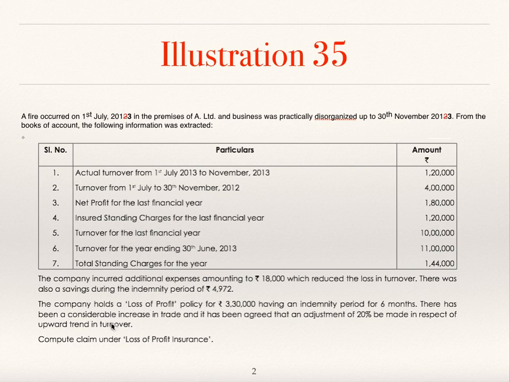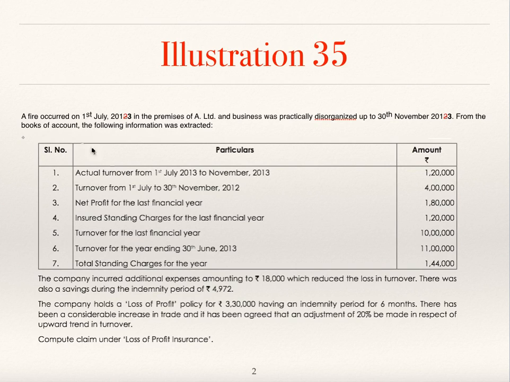There has been a considerable increase in trend, and it has been agreed that an adjustment of 20% be made in respect of upward trend in turnover. Now this 20% increasing trend is to be added in annual turnover as well as in standard turnover. Just remember this.